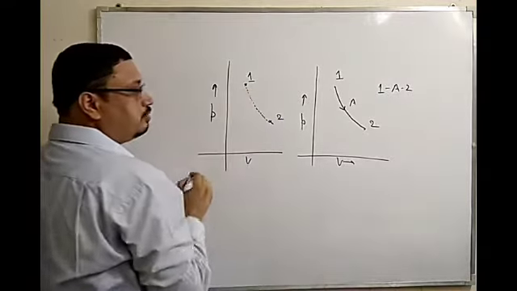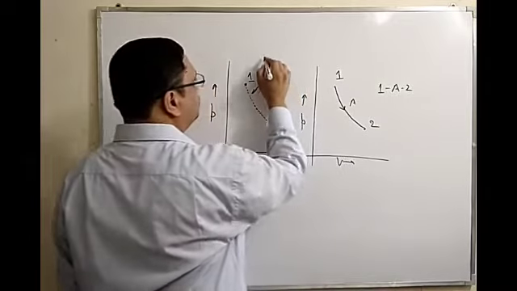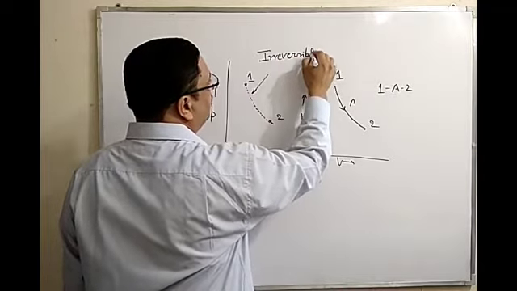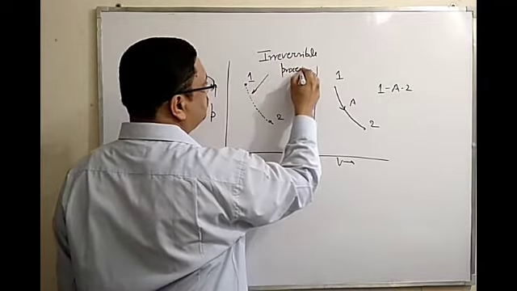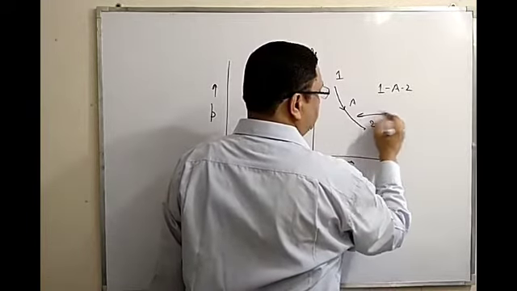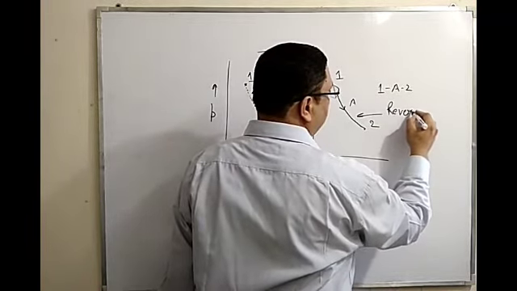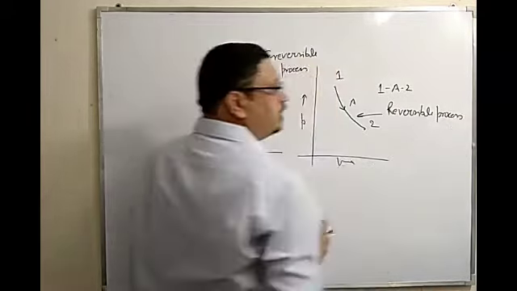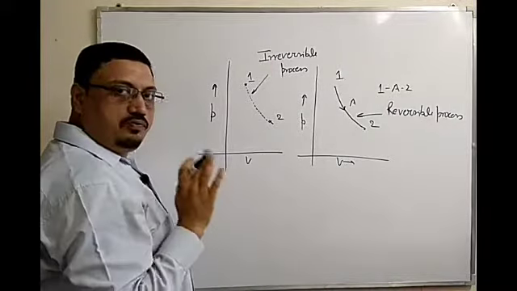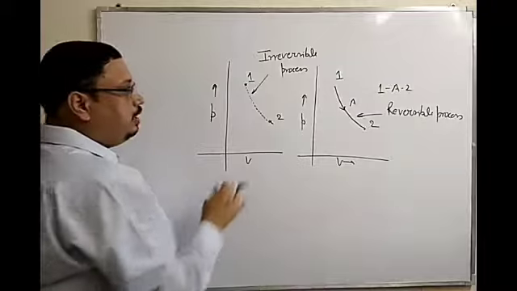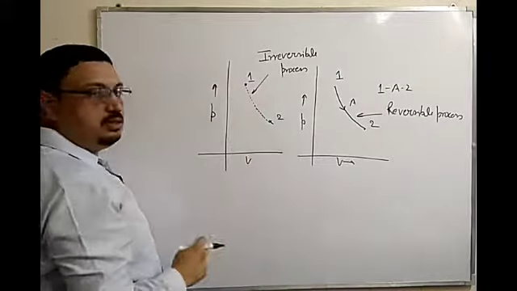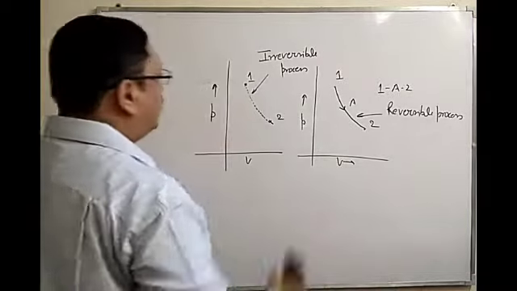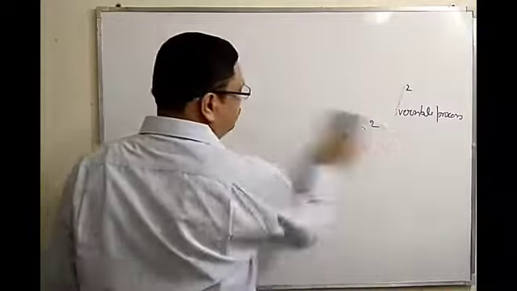So this is an irreversible process, and this is a reversible process. So reversible processes are drawn with firm curve or firm line on a thermodynamic plane, and irreversible processes are drawn with dotted lines between the two states on a thermodynamic plane. Okay, so this is an important thing.